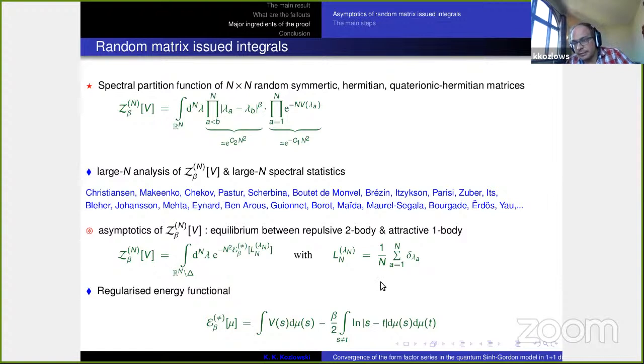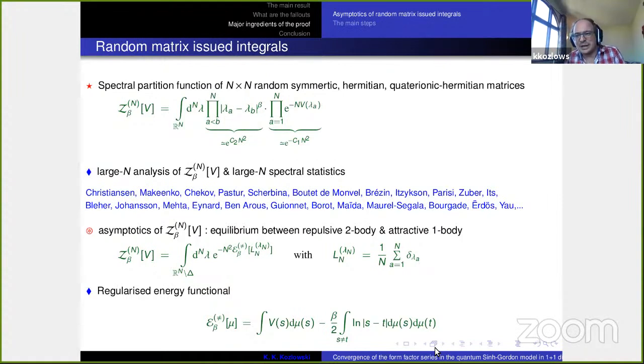The empirical measure is nothing else but the probability measure on R which is given by a sum of Dirac masses centered at the integration variables lambda 1 to lambda n. And the energy functional, which is a functional on probability measures, integrates the probability measure against V and integrates the logarithmic repulsive interaction against the square of the probability measure. One has to impose that you don't integrate on the diagonal, because otherwise you get just 0.